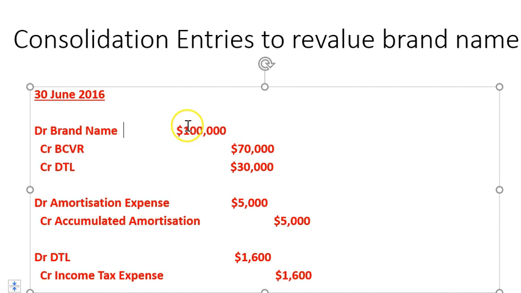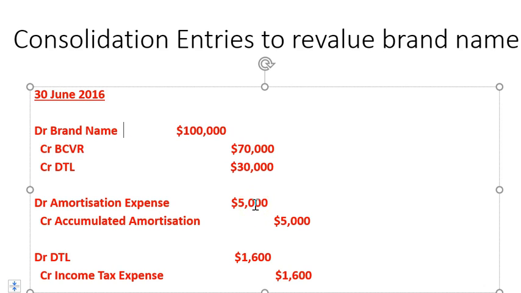The reason why we're debiting this deferred tax liability is because up here, before this amortization expense, if we were to sell the brand name, we would have made a gain of $100,000, and so 30% tax on that would create a deferred tax liability of $30,000. However, after this amortization expense, the carrying amount of the brand name is only $95,000.